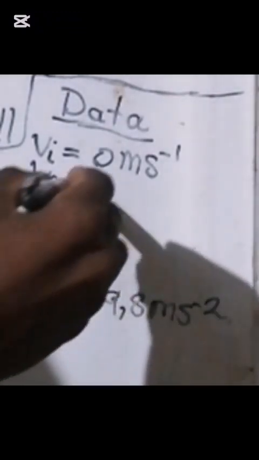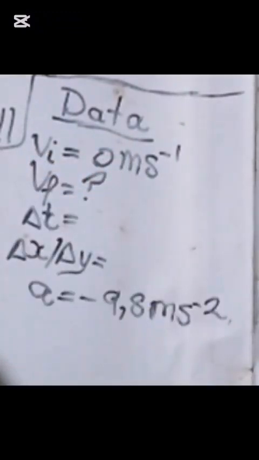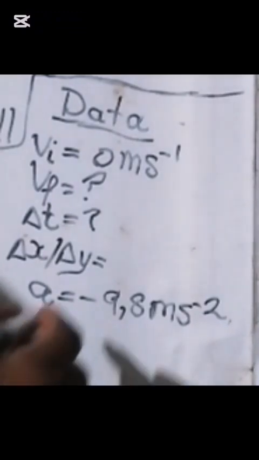And the question says we must find the final velocity at which the phone will hit the water, so you put a question mark on VF. And change in time, in this situation, you are also not given. But change in Y or change in X, we are given in the statement, which is 60 meters.